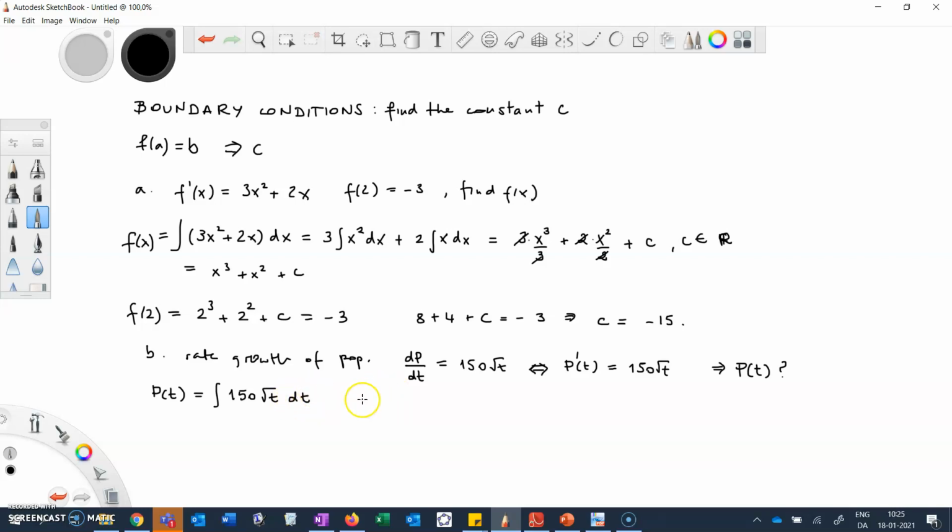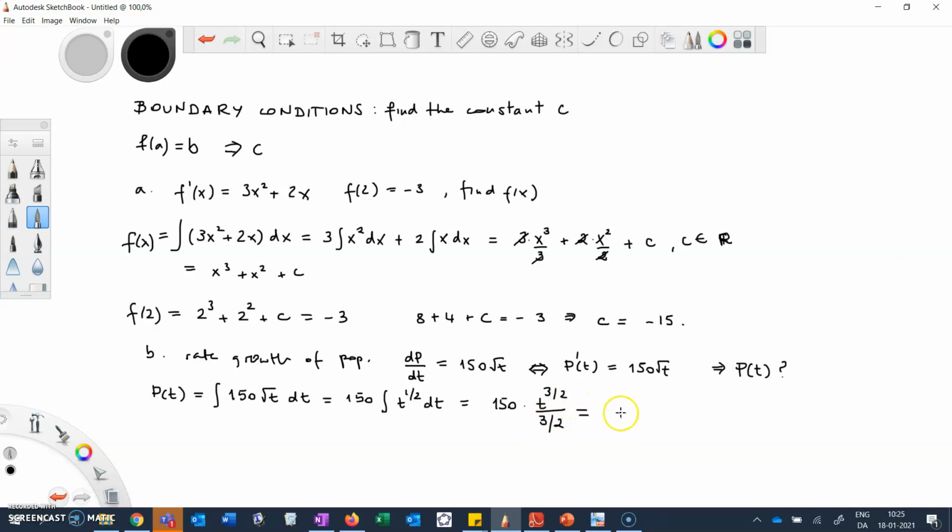So if I rewrite this integral, I can move out the constant. I can rewrite the square root as a power, t to the power of half. And therefore I can solve my integral in the usual way. So this is a power, so this becomes t to the power of half plus 1, which is 3 halves, divided by 3 halves, which is also 3 divided by 2.